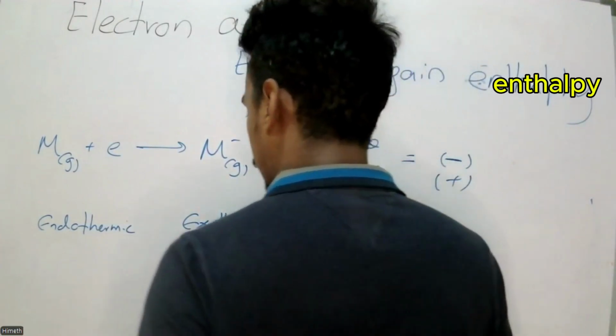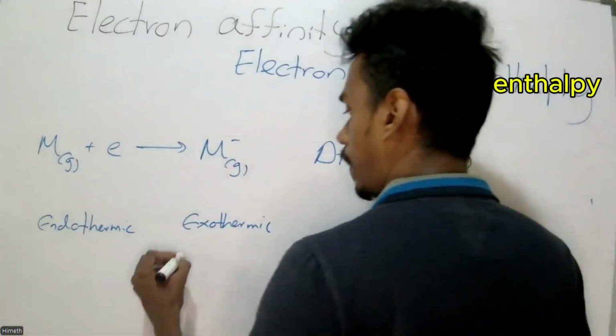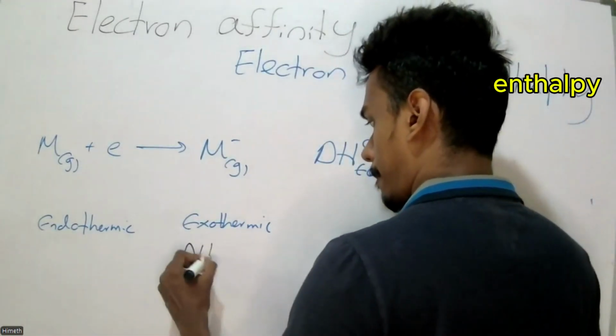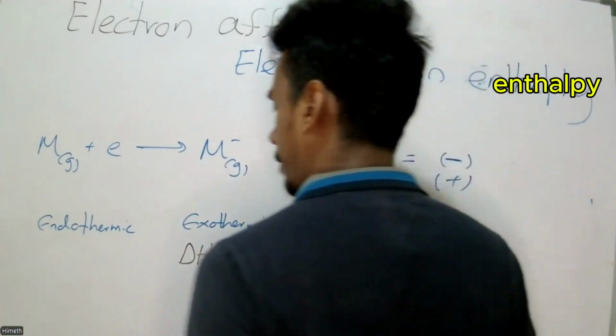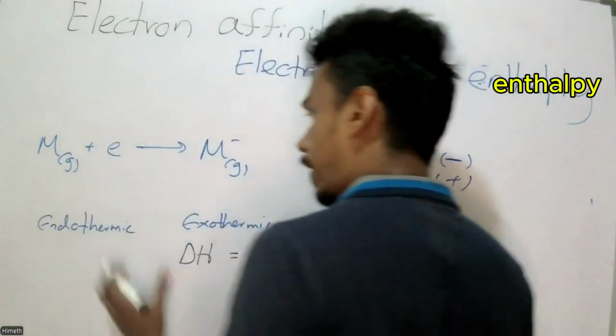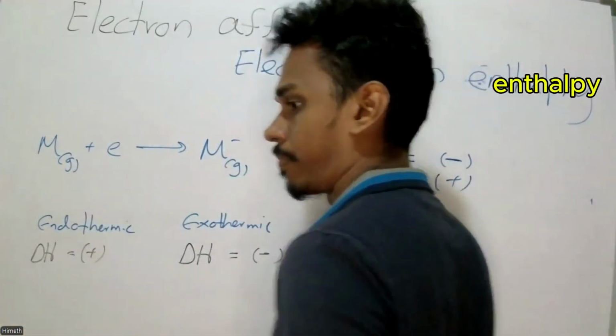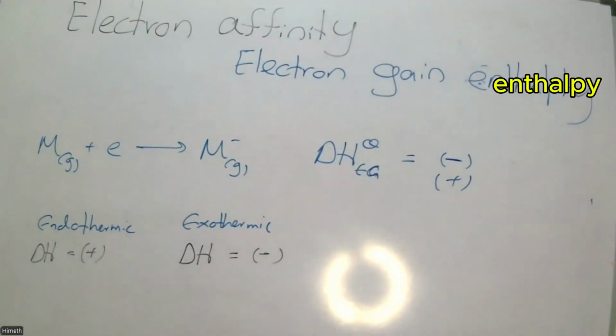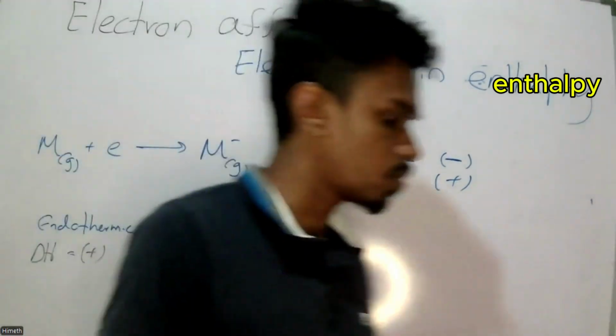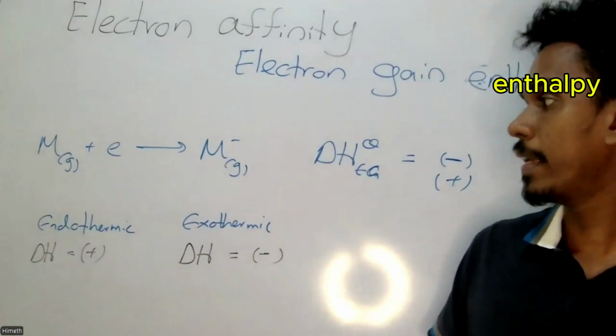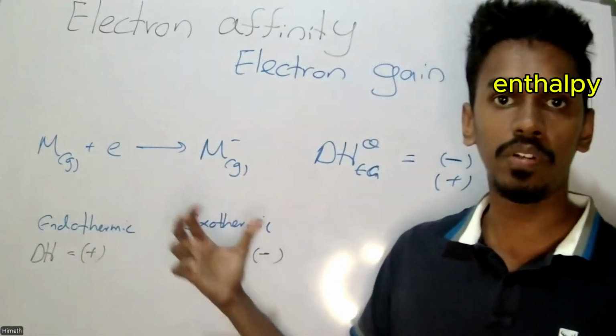When the reaction is exothermic, the delta H value should be negative. When the reaction is endothermic, the delta H value should be positive.